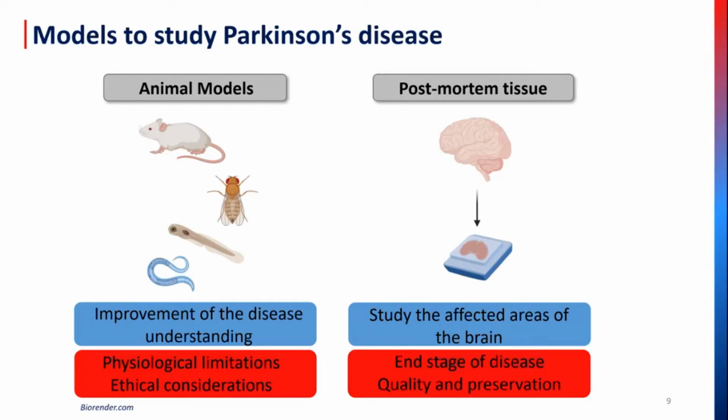Another model that is available to study Parkinson's disease is adult tissue of patients affected by the disease. However, it is actually hard to access brain samples to study the disease, and these samples are post-mortem, which means yes, we can look at the actual tissue affected by the disease, but if you recall correctly, these will be patients in which the neurons in these specific areas of the brain are already lost.